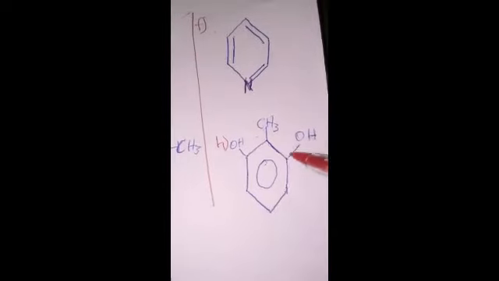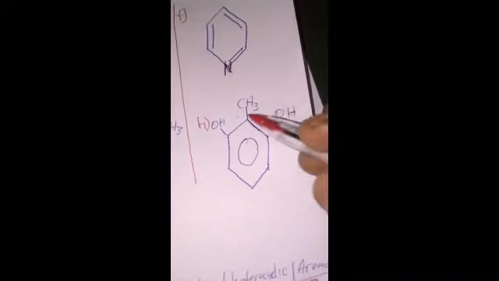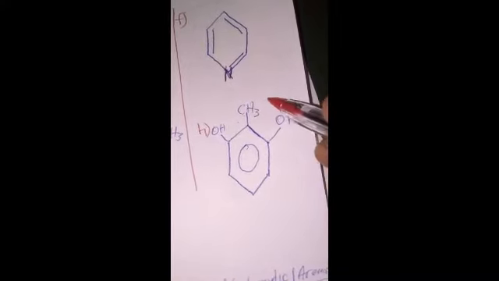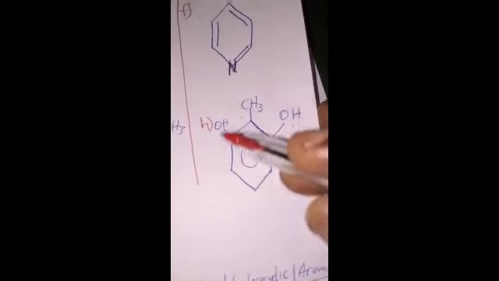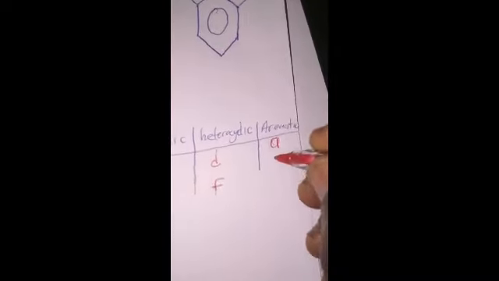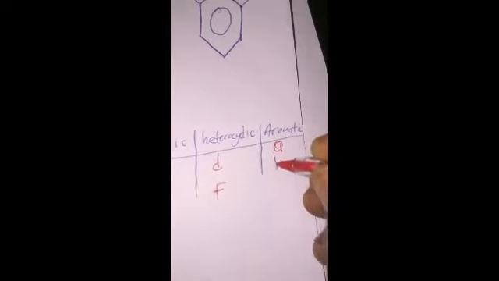So when we look at H, there is a benzene over there with OH, and also CH3, that is the methyl group. Since it has a benzene ring, it qualifies to be an aromatic compound. So that is H. That is it.